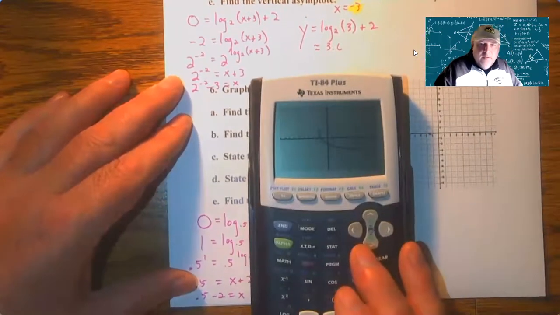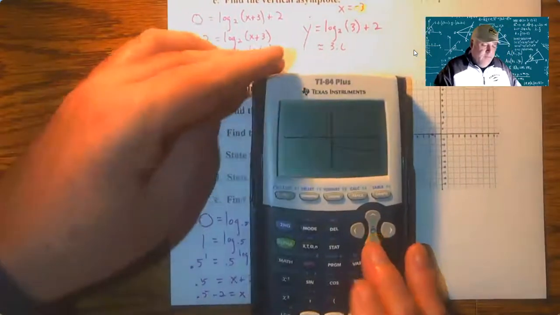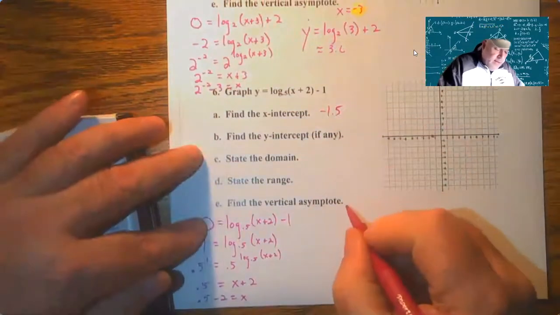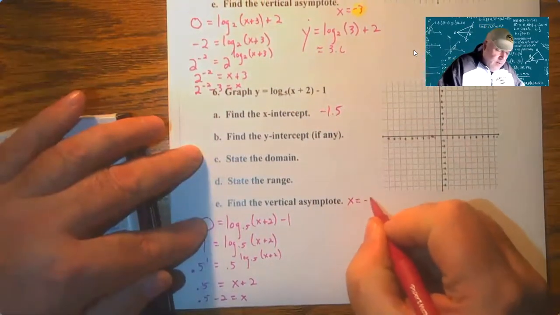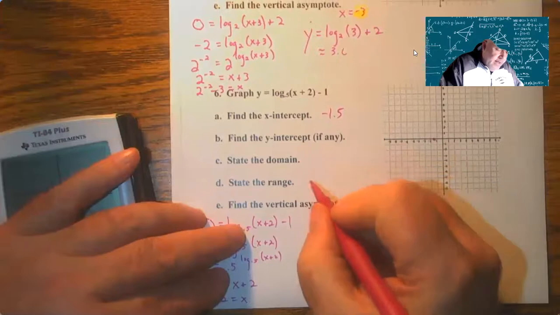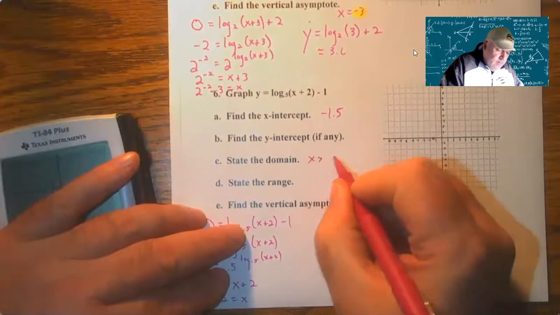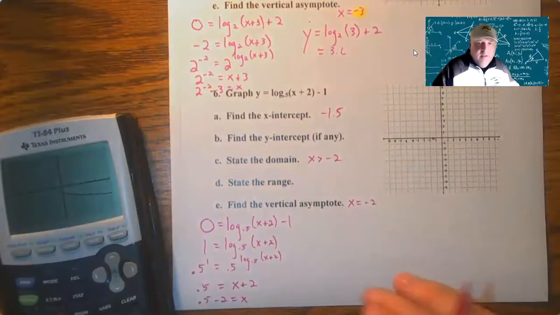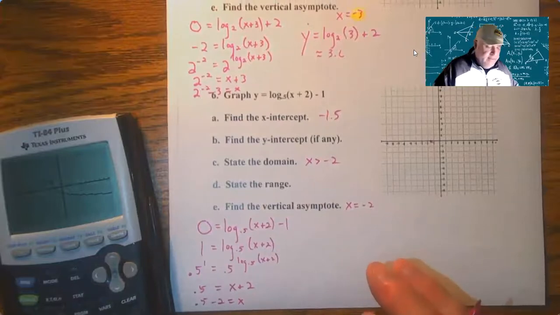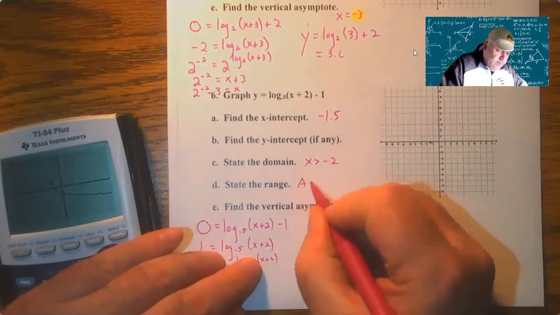Okay, so there it is, and it's looking like -2 is the vertical asymptote, and that we're sitting to the right of that. Remember those are the same, and the domain is either greater or less than that. This is all reals.